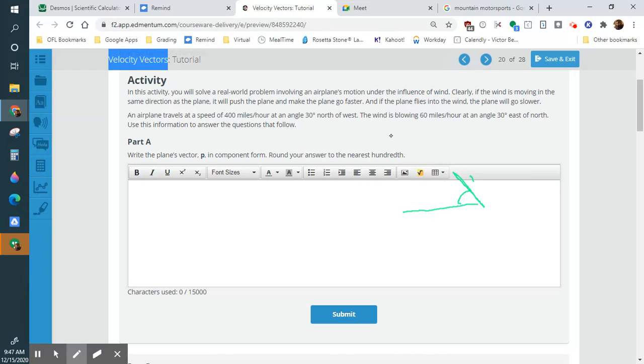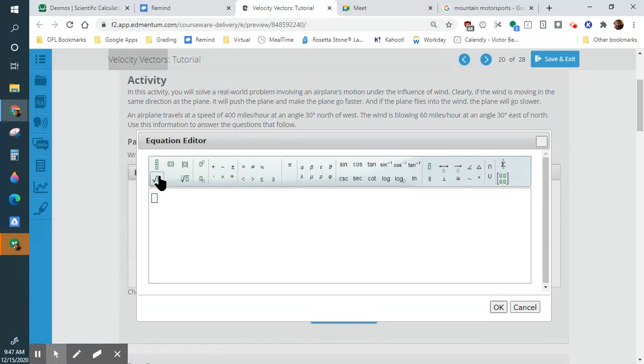So this again is 150 degrees because we're subtracting it from 180. And we want to round to the nearest hundredths. This is very similar to the one we just did, so I don't know why we're doing this, but okay.